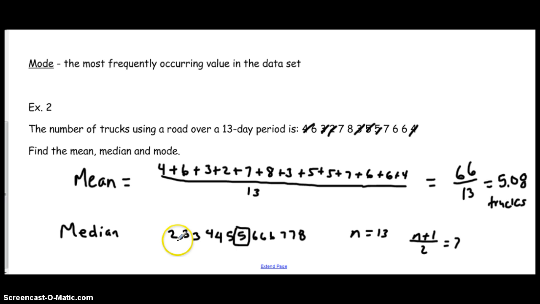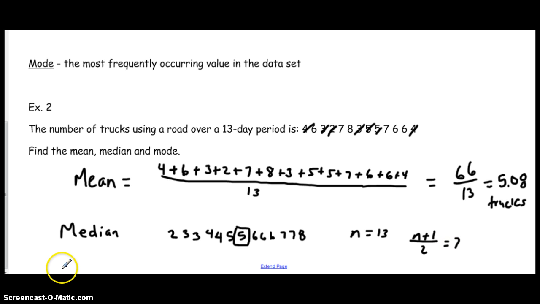I know there's 13, so it would have to be the 7th number in the middle there, so I can count from this side to 7, or from this side to 7. If it was an even number of data, then you would average the two middle values in the data. Another way to do it is take the number of data values, plus 1, and divide by 2 to find the position of the middle number.